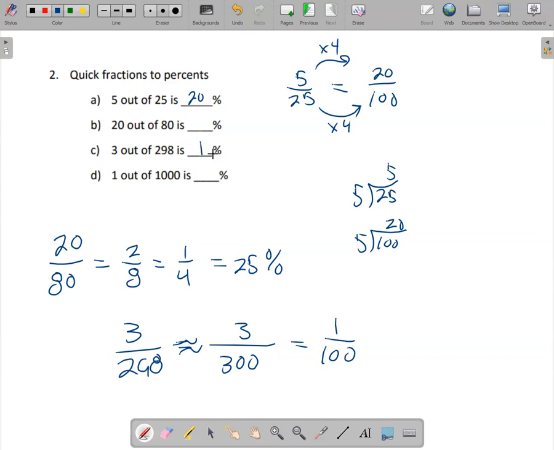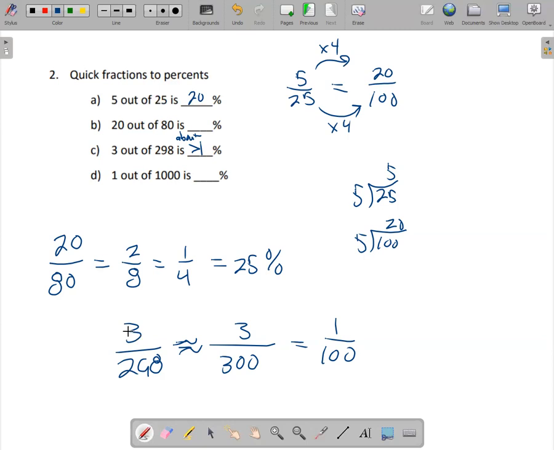So I'm just going to write about 1%. Or you could say, since the denominator is smaller, 1% is smaller, so it should go that way. 3 out of 298 is bigger than 1% by just a little tiny bit, because the denominator is smaller.